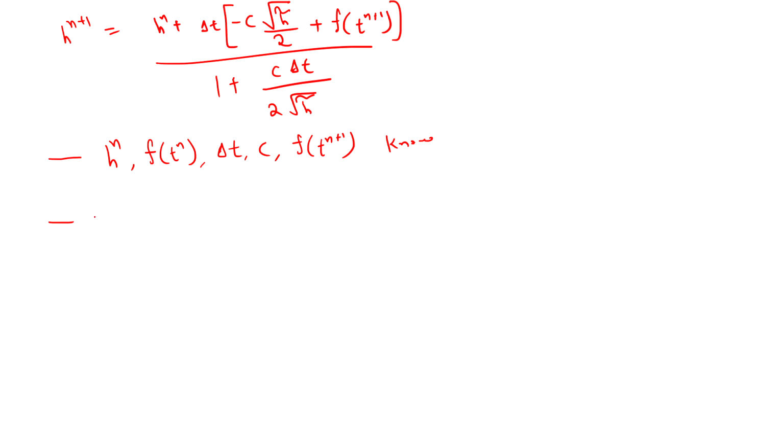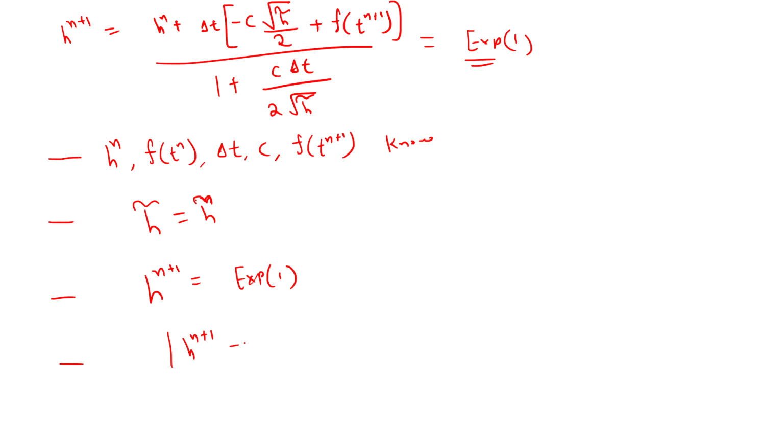I will assume that h tilde is nothing but h_n. I will calculate h_{n+1} using this expression, expression 1, and then check for convergence: h_{n+1} minus h tilde.